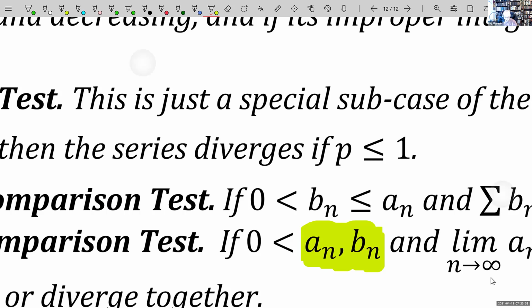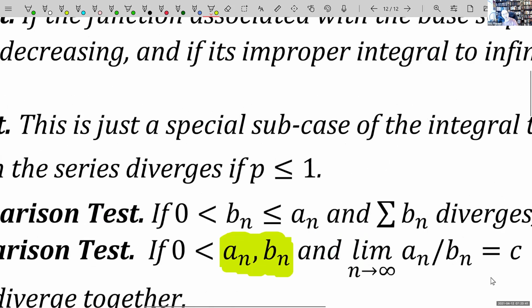Remember, the limit comparison test says you take the ratio of the sequence you've been handed for your series against a completely different or somewhat related sequence for which you know the convergence or divergence of its related series. That sounds very confusing, but that's the only way to say it.